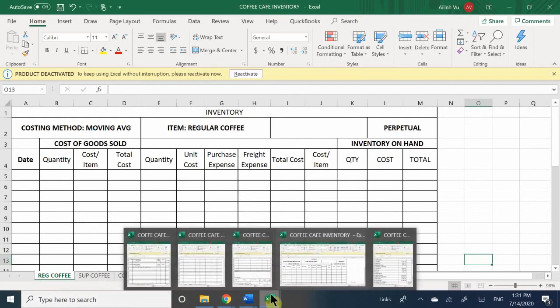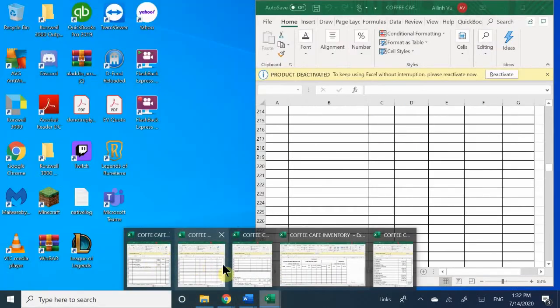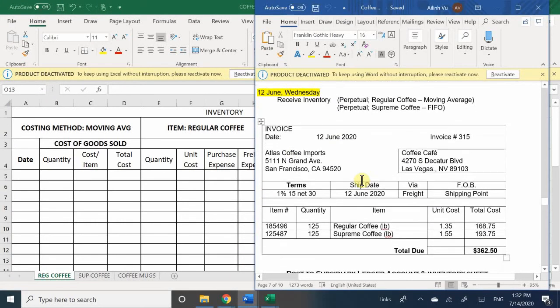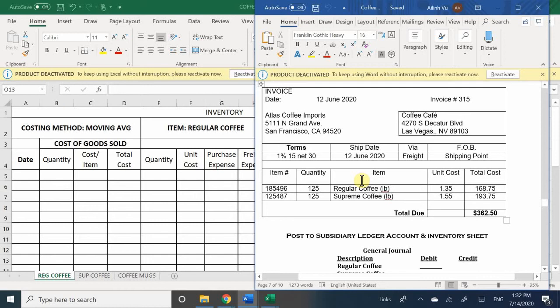So here it's going to recognize, where is my scenario? That we received our inventory. Let's go ahead and scroll down. We received 125 pounds worth of regular coffee, and it cost $1.35 each.